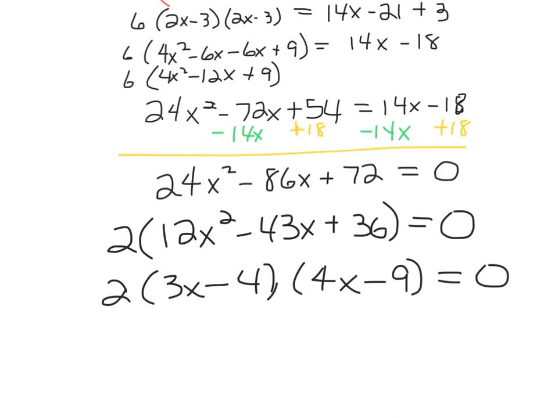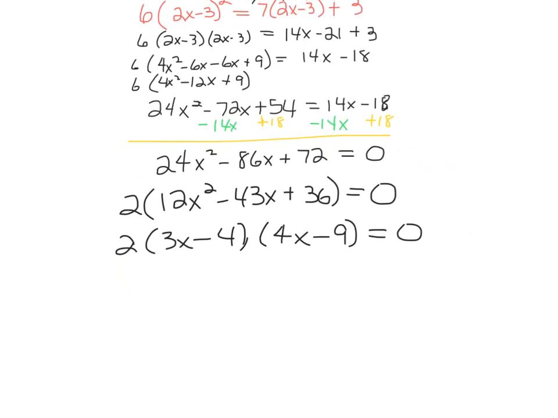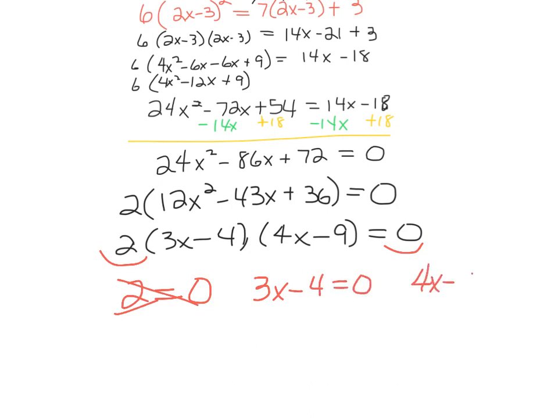So here, now that I factored it, I set each piece equal to 0 to get what x equals. So I'm going to first take this piece, 2 equals 0, which there's no variable here, so that gets thrown away. If it were a 2x, x equals 0 would be one of my solutions. So 3x minus 4 equals 0, and then the 4x minus 9 equals 0.